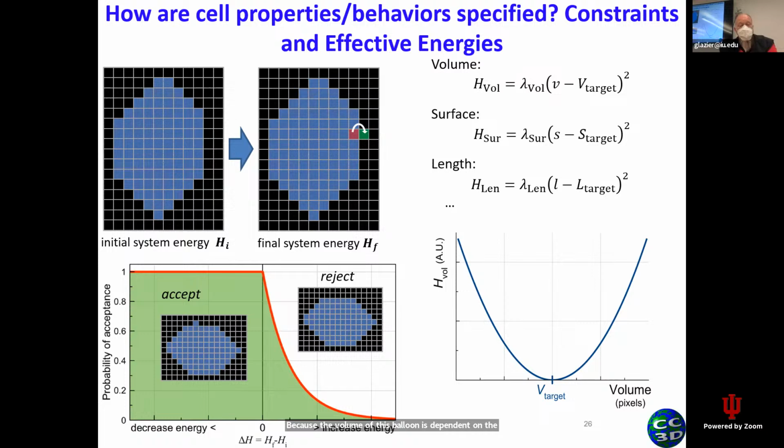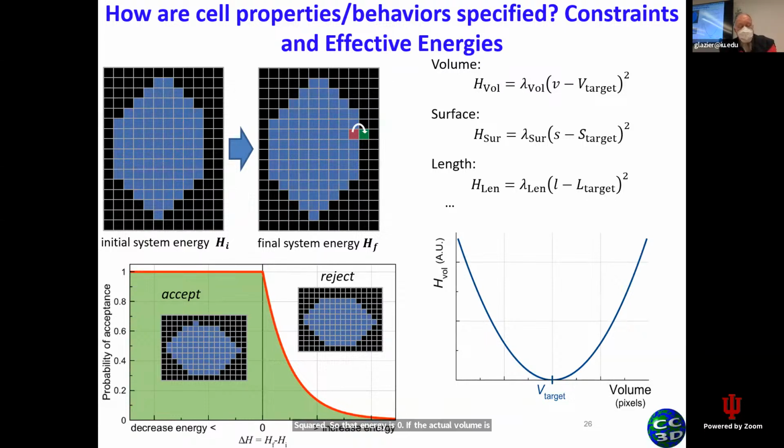And so we have what's called a volume constraint, which says that the volume energy of the cell is a compressibility factor, lambda volume, times the actual volume of the cell minus the target volume, squared. So that energy is 0 if the actual volume is equal to the target volume.